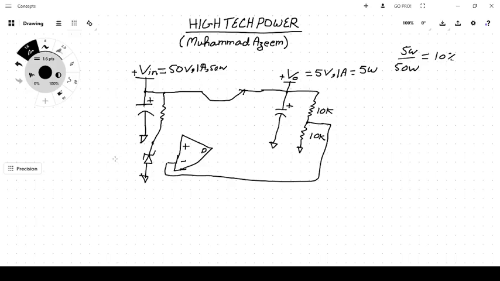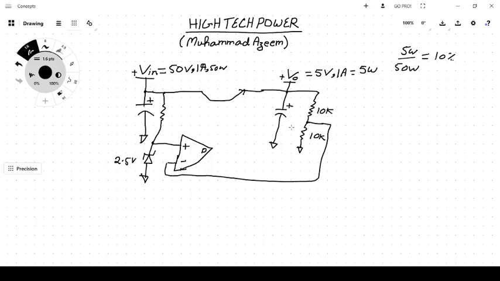Suppose the zener is of 2.5 volt, then on the positive terminal the reference voltage would be fixed at 2.5 volt, and because the input voltage is unregulated, it can be 30 volt, 40 volt, 50 volt, but due to the zener, the positive input would see a fixed 2.5 volt.